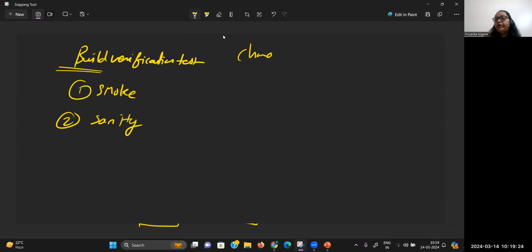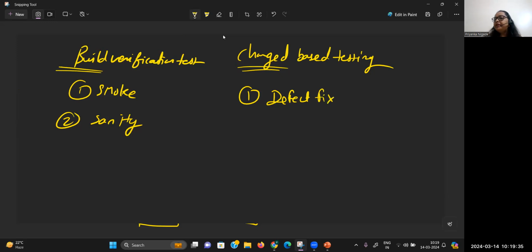The common, very important topic: change-based testing. Whenever there are changes, like every time a defect is fixed by the developer, we always go for retesting. As per the ISTQB, it is called confirmation testing.